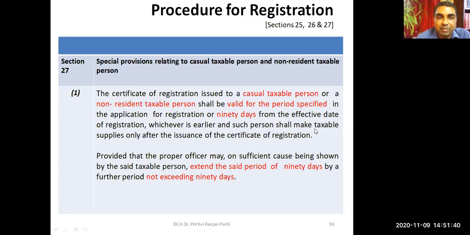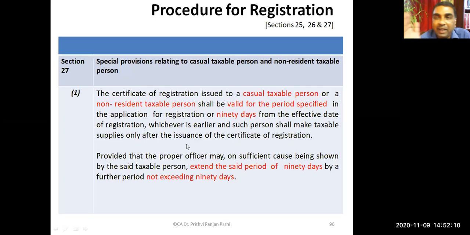And such a person shall make taxable supplies only after issuance of the certificate of registration. So prior to commencement of the business, these people need to apply for registration and they will get a temporary registration certificate. The period of validity of the certificate will be specified there, and they have to start the supply only after this certificate is made effective.